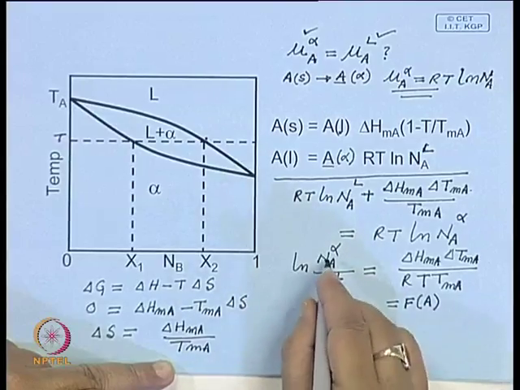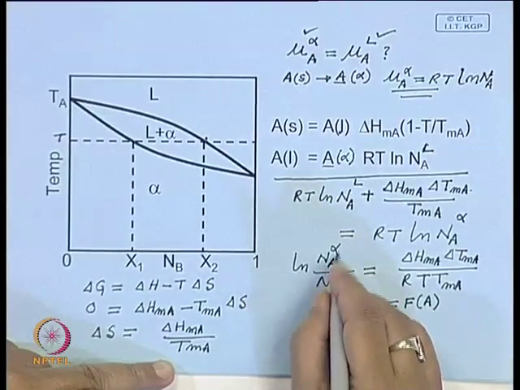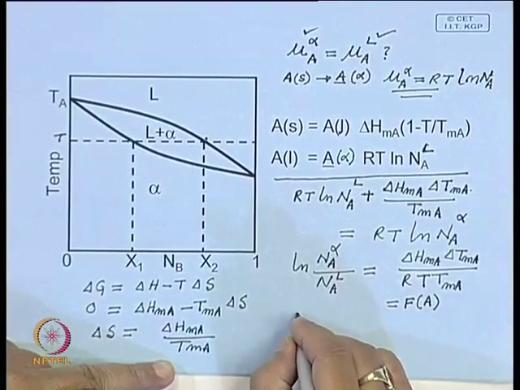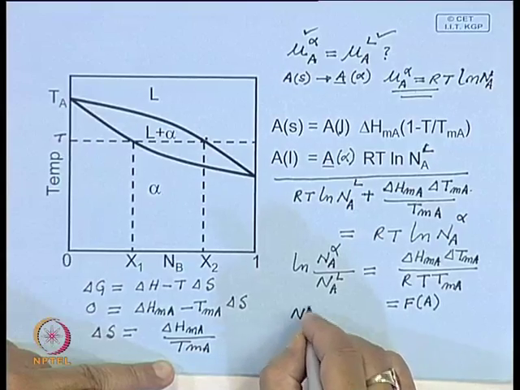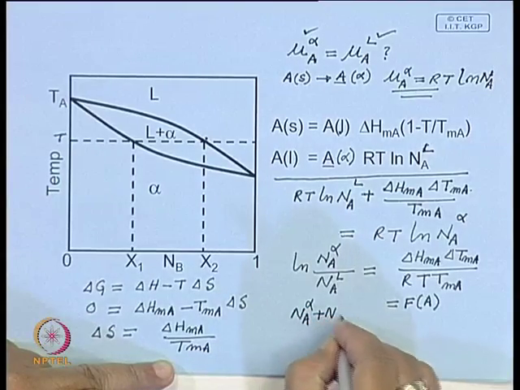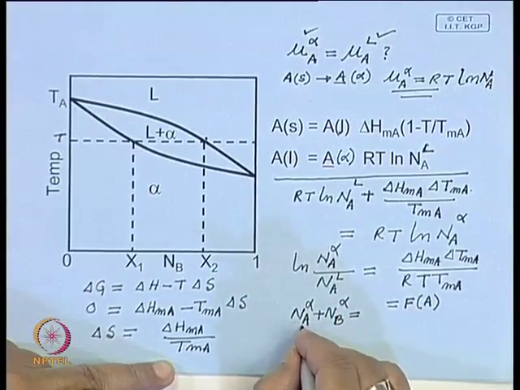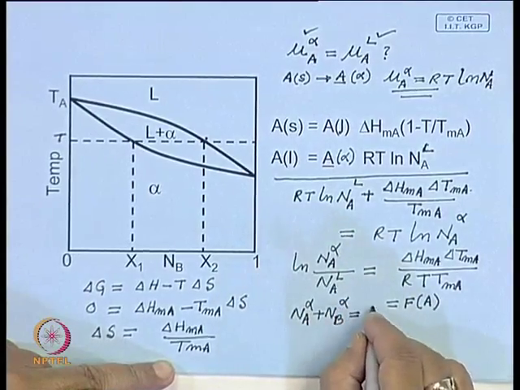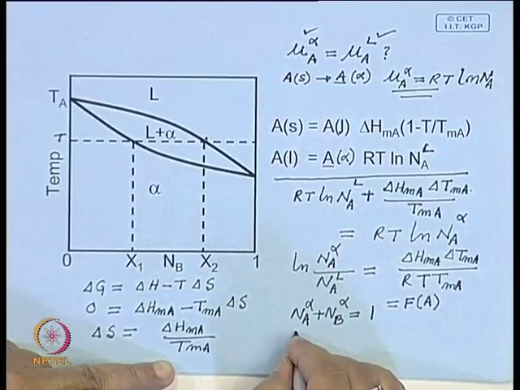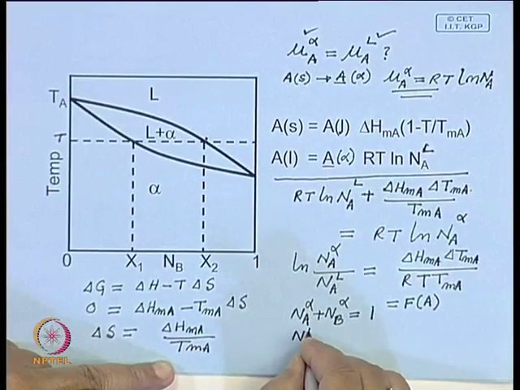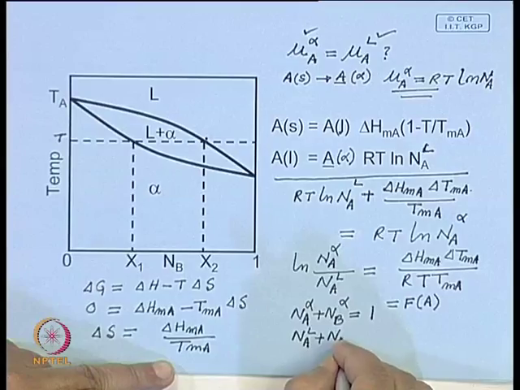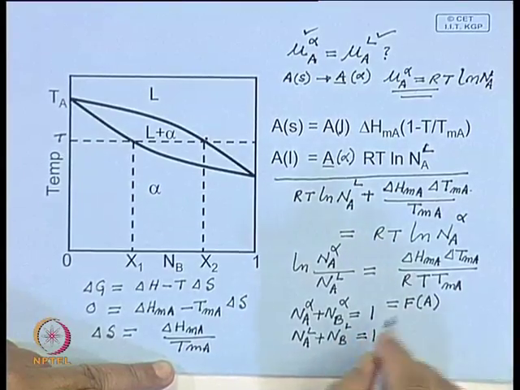And we also remember that in any of these phases, N A alpha plus N B alpha, these are atom fractions, A in alpha, B in alpha, is equal to 1. Similarly, N A in L plus N B in L also is 1.